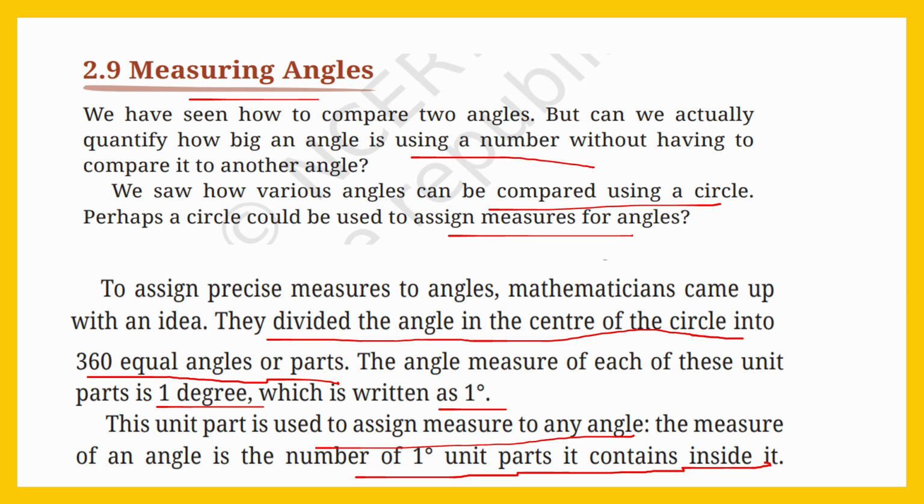So this unit part is used to assign measure to any angle. The measure of an angle is the number of 1 degree unit parts it contains inside it. So you can measure any angle by counting the number of 1 degree unit parts it contains inside it.